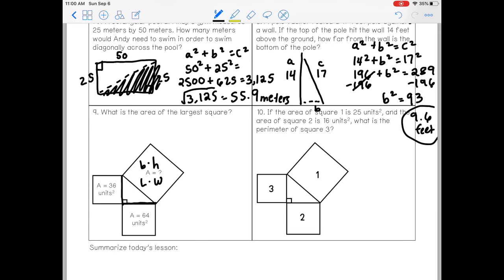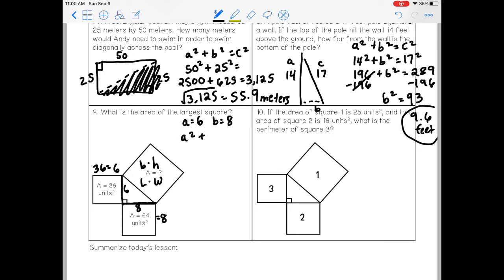So if the area is 36, well, I know 36 is like saying 6 times 6. So the value would be 6 for one side. And then for 64, well, I know 8 times 8 is 64. So one side length would be 8. So A equals 6, B equals 8, or you can say A equals 8, B equals 6.